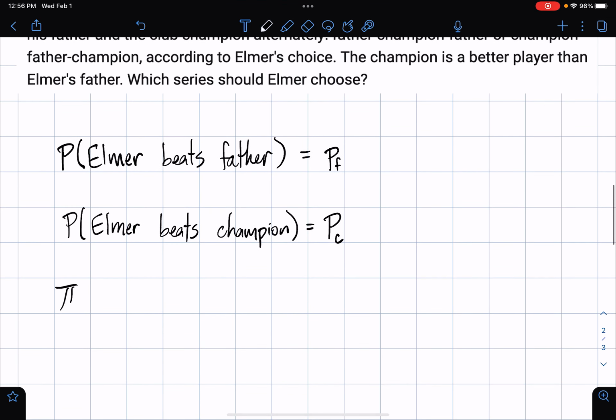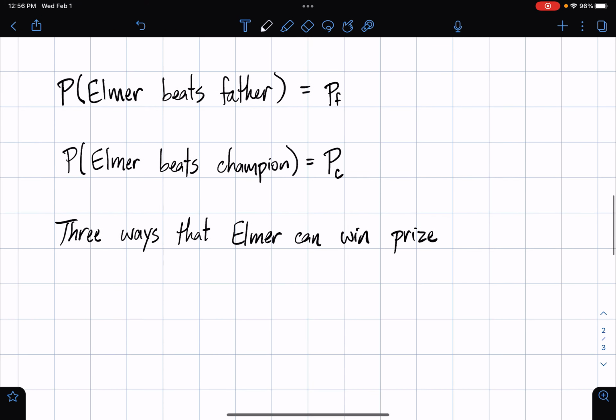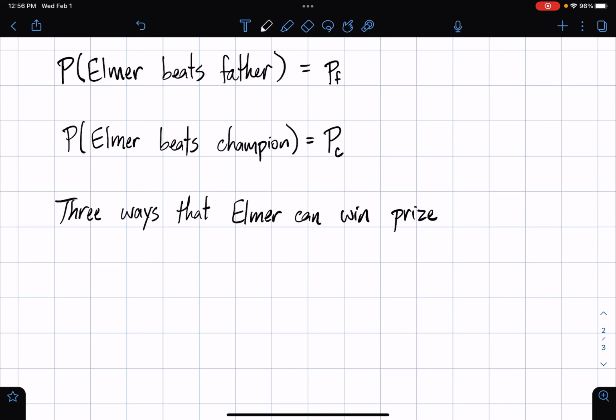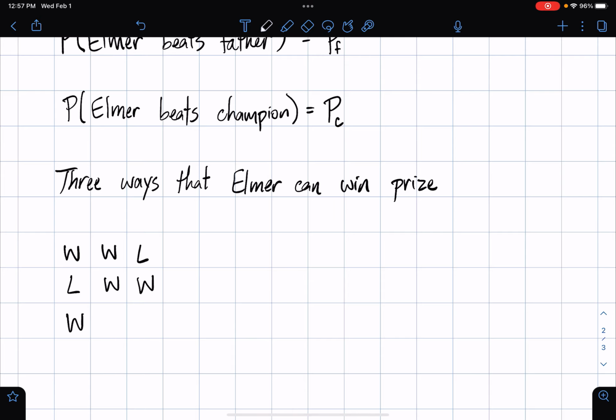Now there's three ways that Elmer can win. He can win either by winning the first two games and losing the third game, or losing the first game and winning the second two games, or finally winning all three of the games will also do the trick.